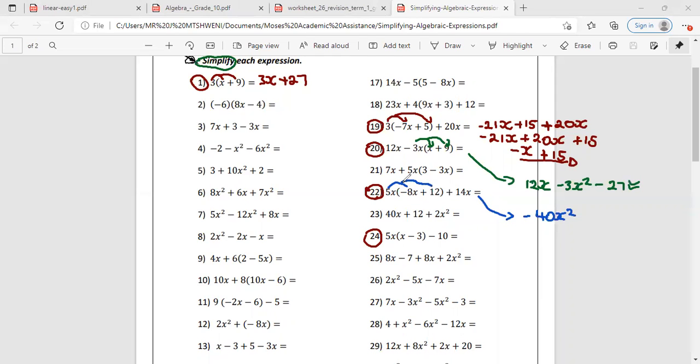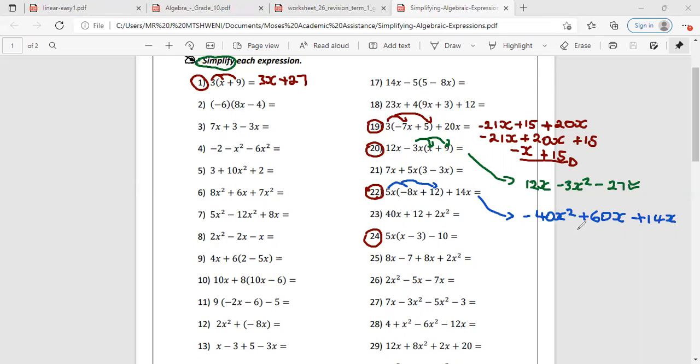Then also multiply 5 with 12. 5 multiplied by 12, you get 60. So it's going to be plus 60x, because the 5 has a variable of x. You can say plus 14x here.